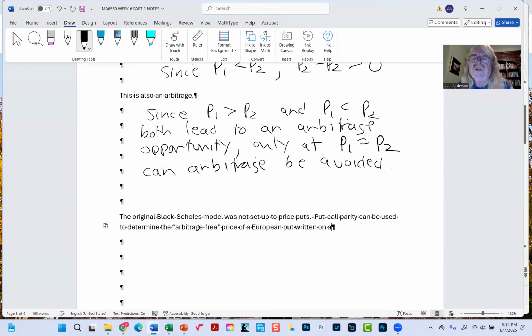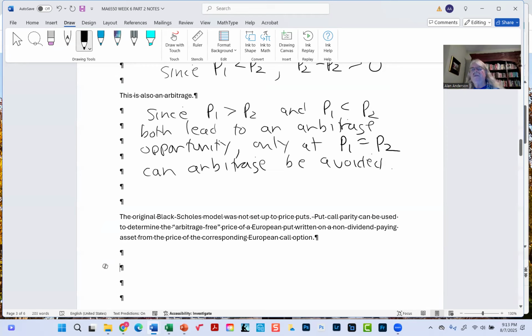But since these are stocks, this means a non-dividend asset, from the price of the corresponding European call option. So the first thing, you first have to use it to come up with the European call price. Then you can flip it around into a European put price. Later on, it was shown how to solve for the put price directly.